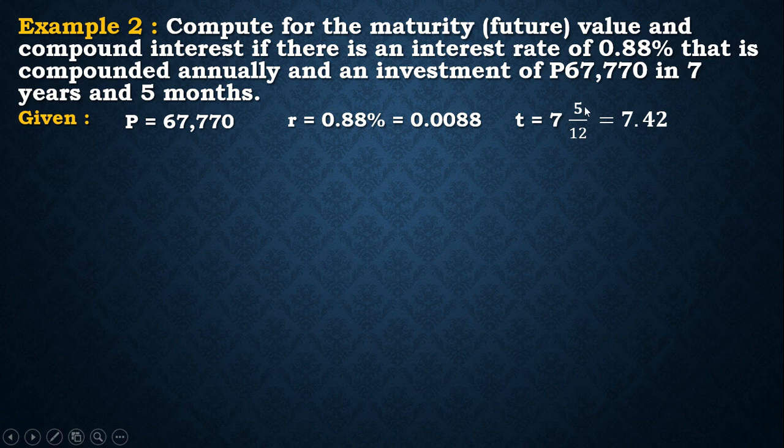Ang 5 months, ito po siya. Ang 7 years, ito. Ngayon, ang months po natin ay laging i-divide sa 12. So, 5 divided by 12 is 0.42. 0.42 plus 7 years, that is 7.42. So, ito po ang years at ito po ang months. 5 divided by 12 is 0.42.